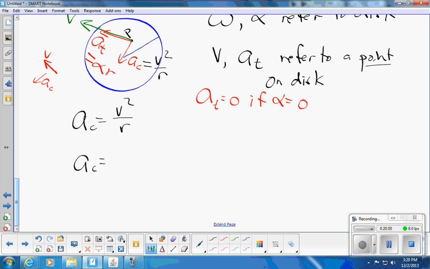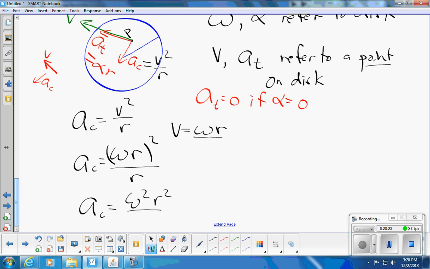So I'm going to do a quick substitution. I remember from above that v is omega times r. And so if I sub in omega r for v, I get omega r quantity squared over r, and that gives me omega squared r squared divided by r, which of course is equal to omega squared times r.